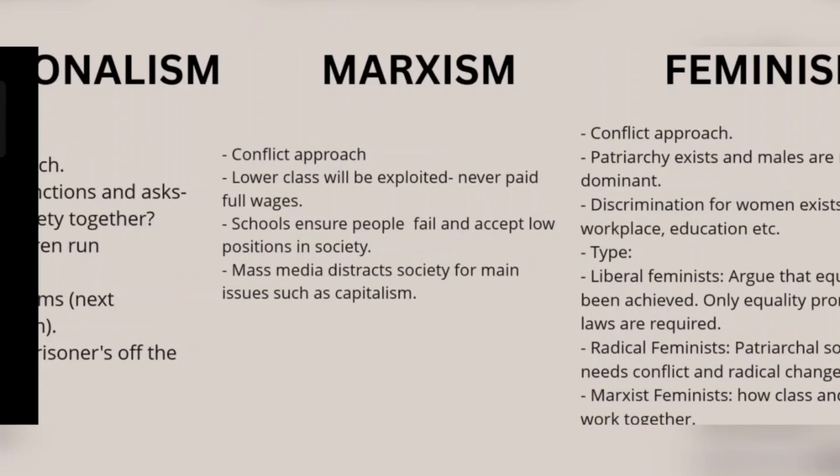And they are being exploited. So, first thing is this, and the second is that schools ensure people fail and accept low positions in society. So, what does this mean? It means that somehow our schools are following, you can say, favoritism to the students who are from the upper class, or the students who are favorites of their teachers.